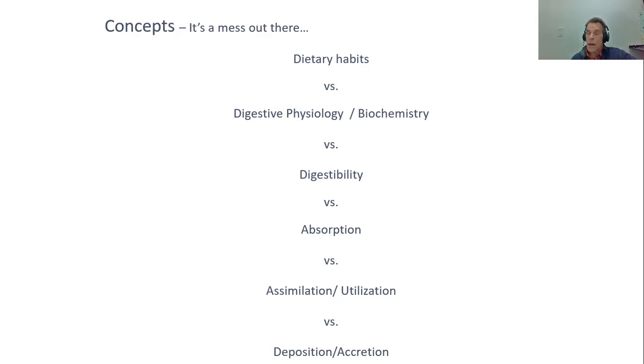And then you have deposition and accretion, where we could be looking at equating digestibility and retention of nutrients, but the retention of nutrients is also driven by several processes. So I find it's a bit of a mess out there.